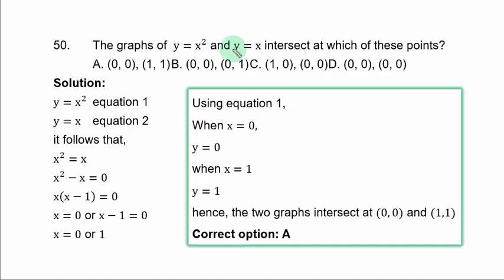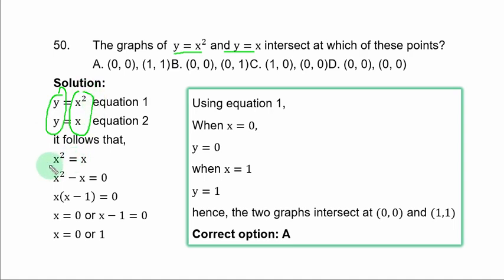Question 50. The graphs of y equal to x squared and y equal to s intersect at which of these points? Of course, we have two equations here, quadratic and linear, and it follows that the left hand side is equal to y. By that, it means that the right hand sides are also equal.